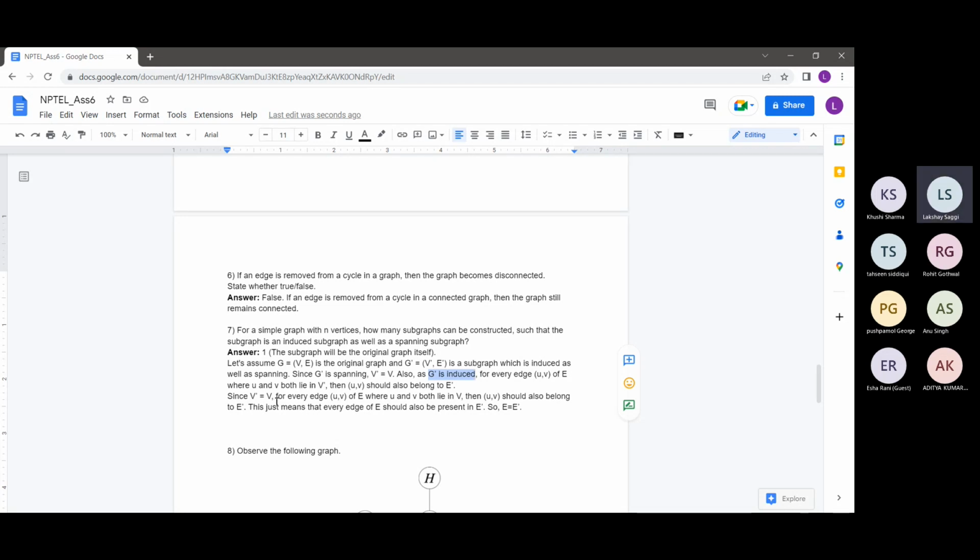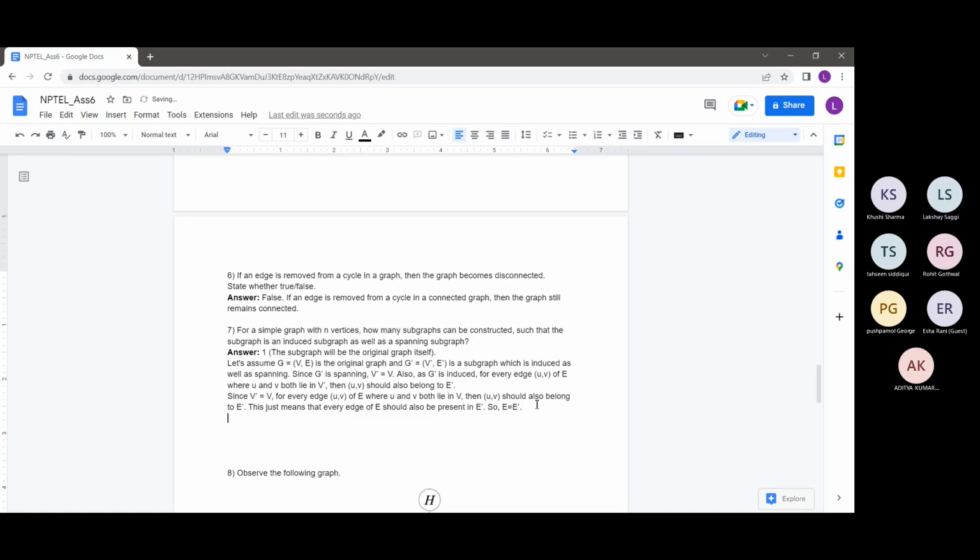From that, we got that every edge should be present in the subgraph also. Maybe you guys can see these claims later after this session gets over, and if it's still not clear, you can ask on the discussion forum. Here, basically what we have proved is that V prime equals V and E prime equals E.